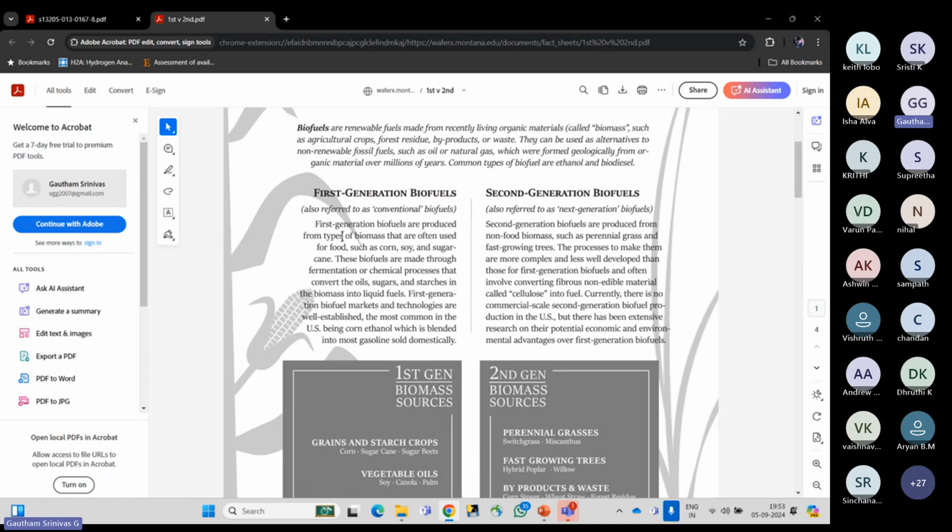First generation is produced from types of biomass that are often used for food, whereas this is non-food biomass like perennial grass. Switchgrass is a perennial grass that is grown on land for energy basis. Fast-growing trees, again, you can have a plantation, land where you can grow these trees. Maybe in 2-3 years they'll mature, and then you can cut them, and then you can grow them again. So in a sustainable manner, you can do that.